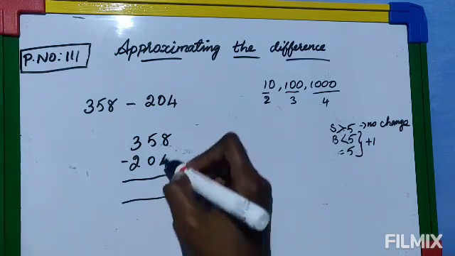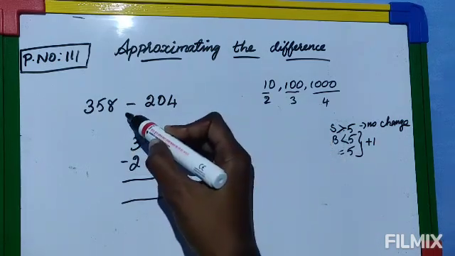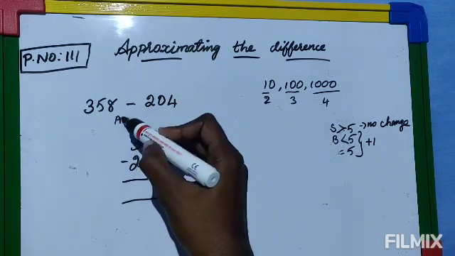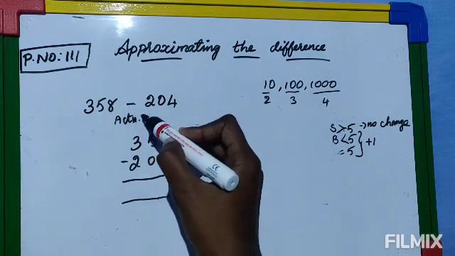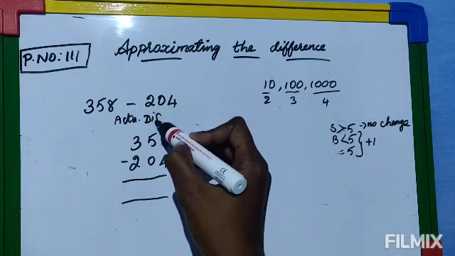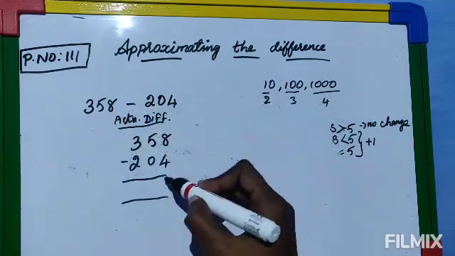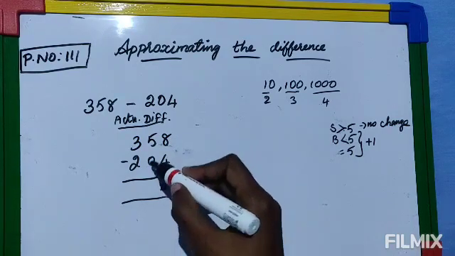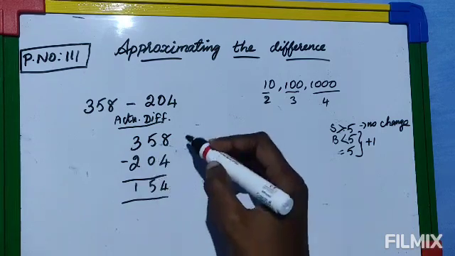First itself you can do the actual difference and you can do the approximate difference also. So this is the actual difference, I am writing in shortcut. 8 minus 4, 4, 5 minus 0, 5, 3 minus 2, 1. So this is the actual difference.